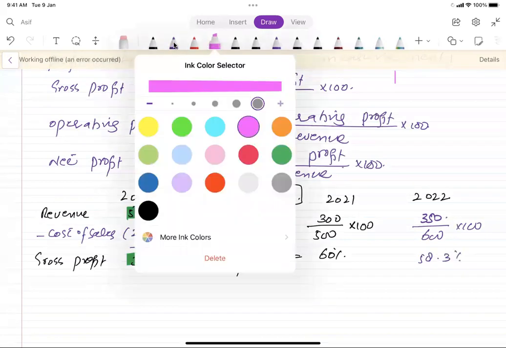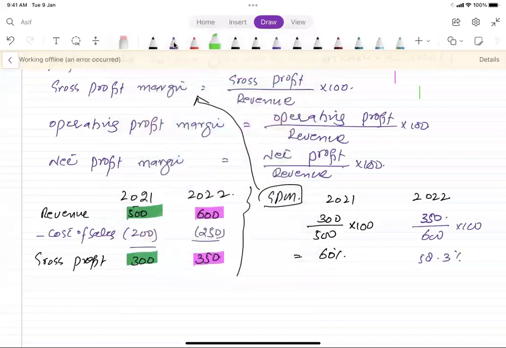Now, what has happened, boys, is that the gross profit margin for 2022 has decreased. Although the revenue was higher, the gross profit was higher, and we were saying that 2022 is better as compared to 2021. But what has happened? Gross profit margin has decreased.